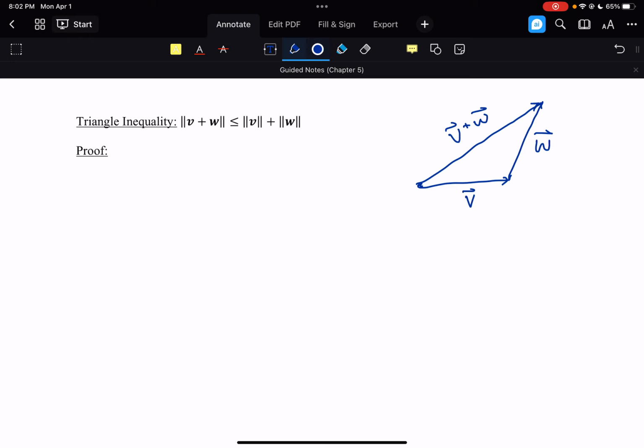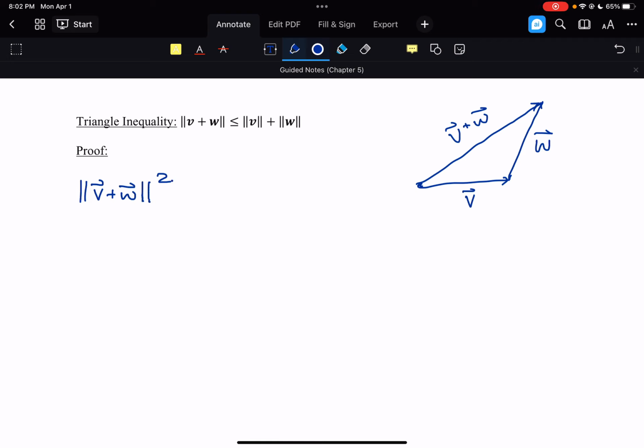So we're actually going to be able to prove this using the properties of the inner product. We're going to start with the left-hand side, sort of. So we're going to get the length of V plus W, and we're actually going to start with it squared. The reason I want to do this is because if we don't, then everything that we're about to do is going to have square roots in it up until the very end.